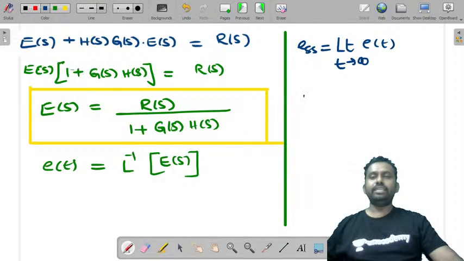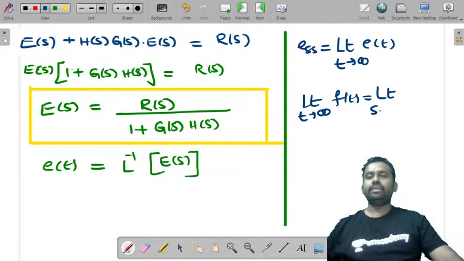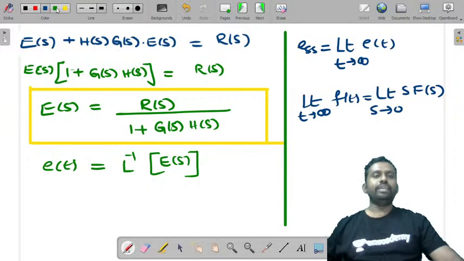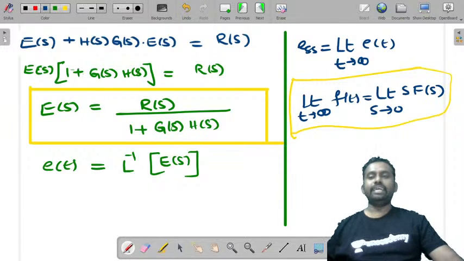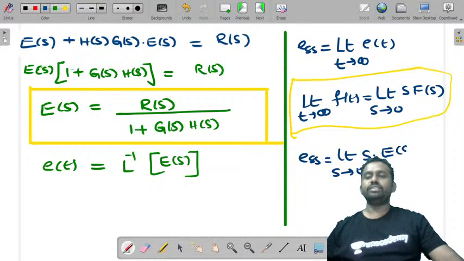So mathematically, limit t tends to infinity f of t is equal to limit s tends to 0 s into f of s. This is the final value theorem. Similarly, you can write ESS is equal to limit s tends to 0 s into E of s.